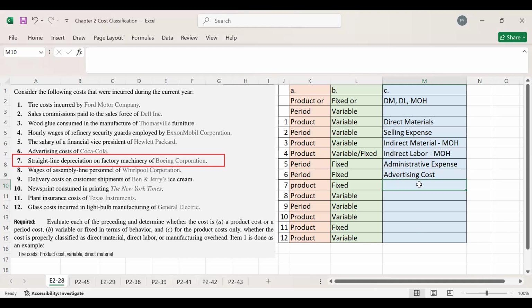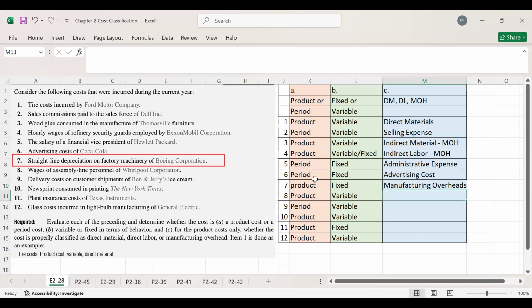So this is part of manufacturing expense or MOH, manufacturing overheads.